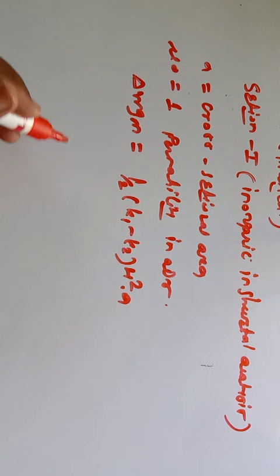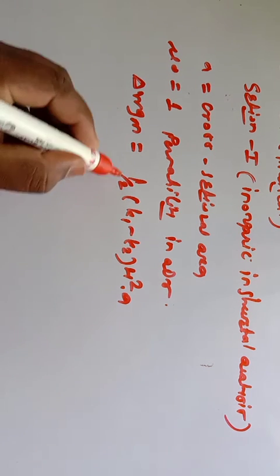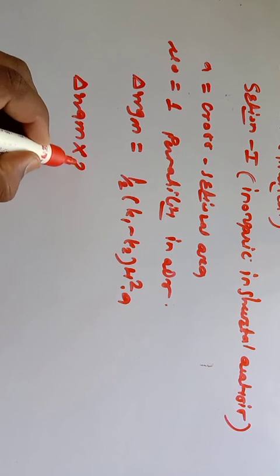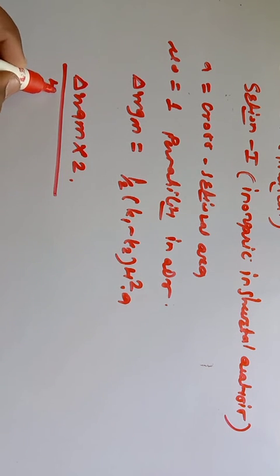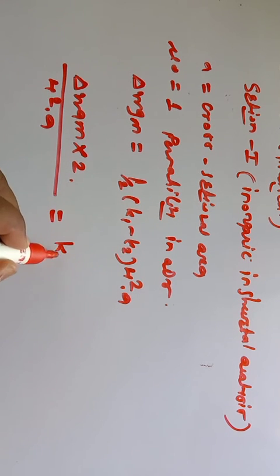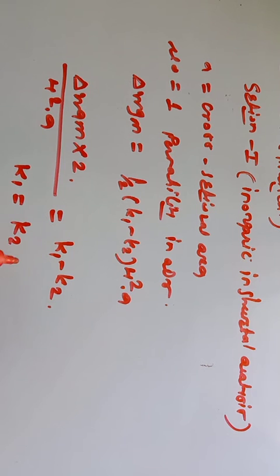In this case, this 2 gets multiplied, so delta W gram into 2 divided by H square into A, which is equal to k1 minus k2. So we get this k1 minus k2. From this equation, k1 can be written as k1 which is equal to k2 plus twice delta W gram upon H square into A. So we get this equation.